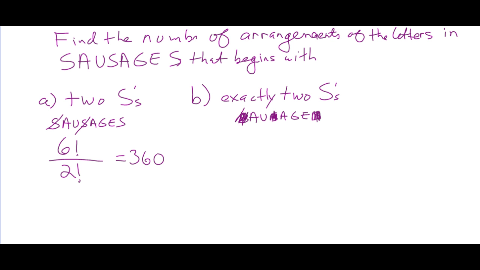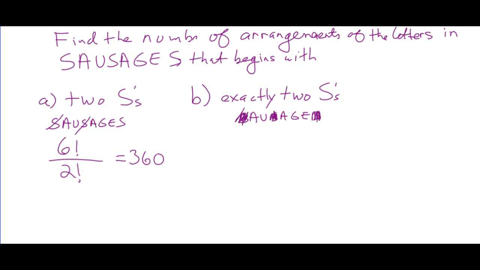Divide's not a good one. We want to take them away, right? So if we know 360 begin with two or three S's, and we figure out how many begin with exactly three S's, then how do we get the ones that begin with exactly two S's? Subtract, right? We subtract it off.